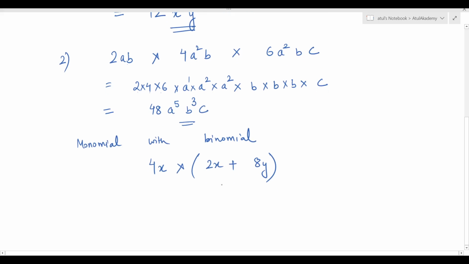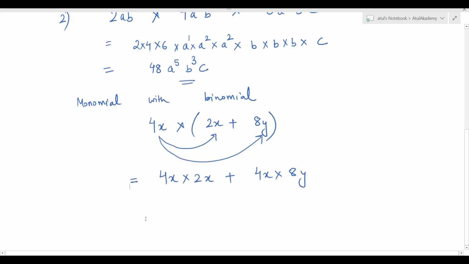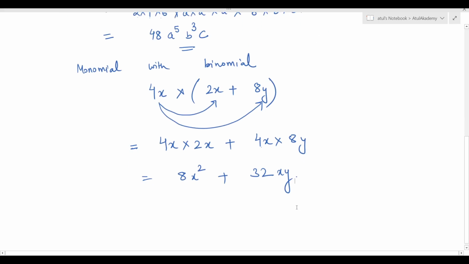How will I multiply? You all know the distributive property. As there is a bracket, this 4x will be multiplied by 2x and this 4x will also be multiplied by 8y. So it is 4x multiplied by 2x plus 4x multiplied by 8y. So what will be my answer? My answer will be 4 into 2, 8, x into x, x square. 4 into 8, 32, x into y, xy. That is my answer. I hope it's clear.